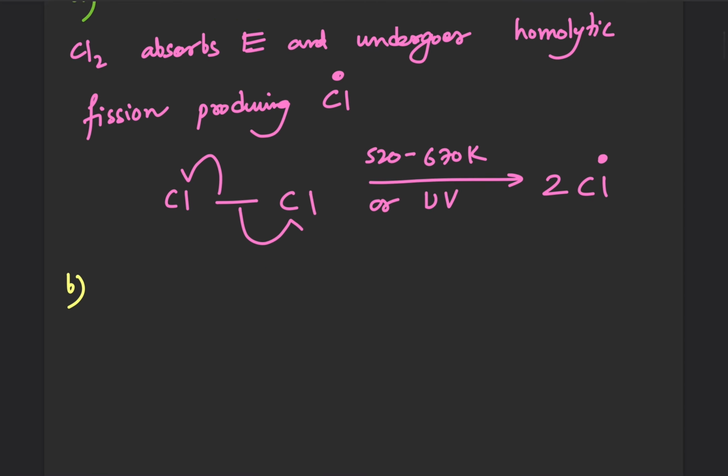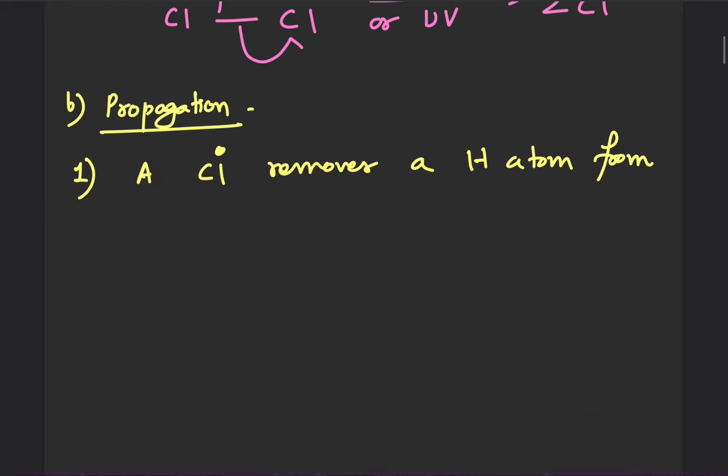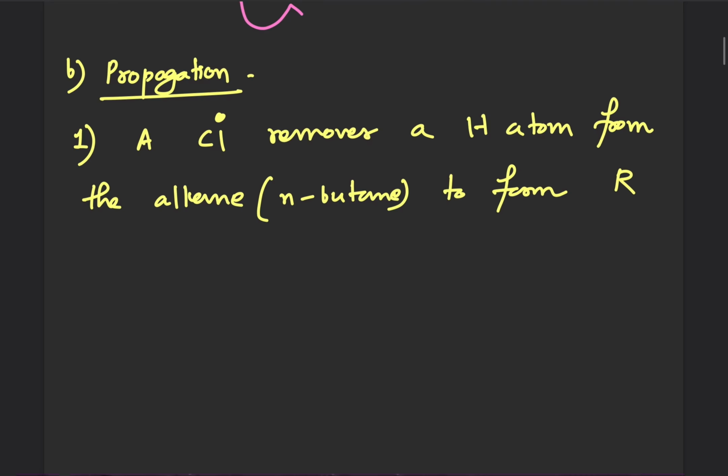The second step is propagation. In propagation, we have the first step: a chlorine radical, since we have produced chlorine radicals, removes a hydrogen atom from the alkane, in our case n-butane, to form an alkyl radical, that is R dot, and HCl as the products.